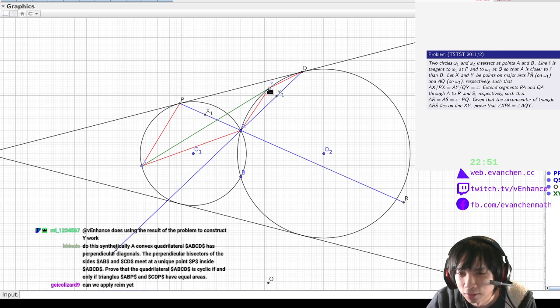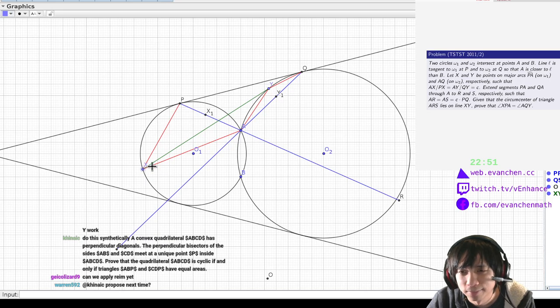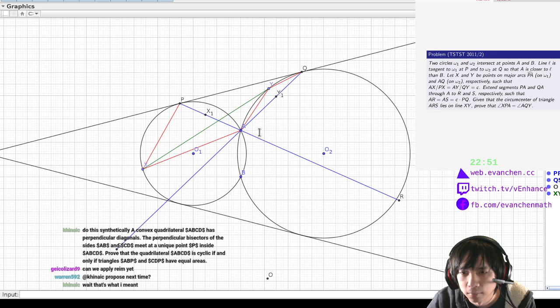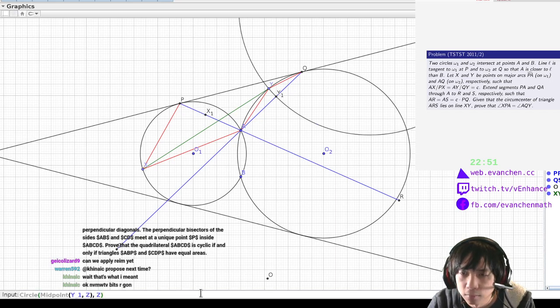Hey, no, don't do that. What? Huh? No, I want Y to be the other one. Why won't you let me take the other intersection?